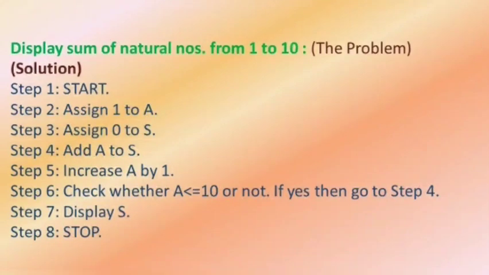Display sum of natural numbers from 1 to 10. So this is the problem and the solution goes here. Step 1, start. Step 2, assign 1 to A. Step 3, assign 0 to S. Step 4, add A to S. Step 5, increase A by 1.